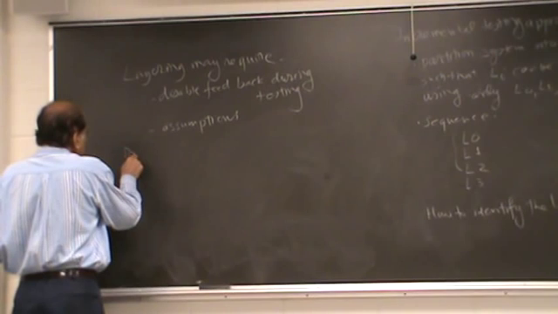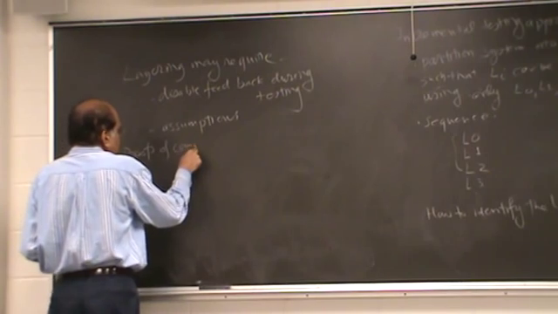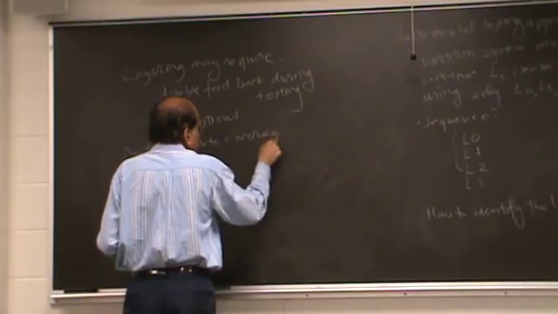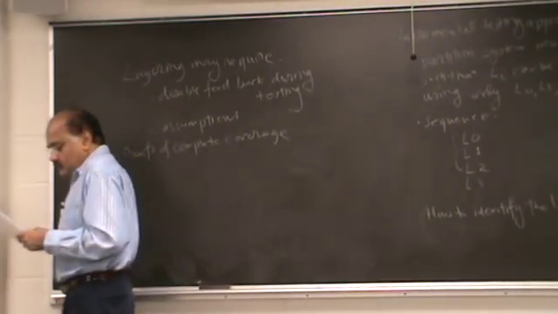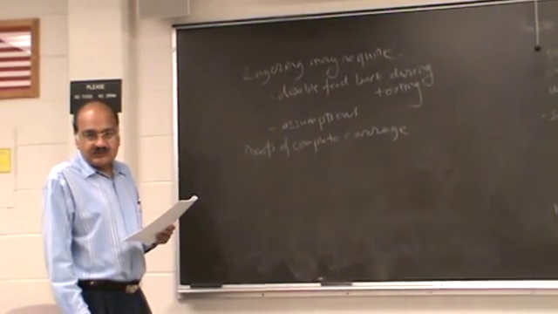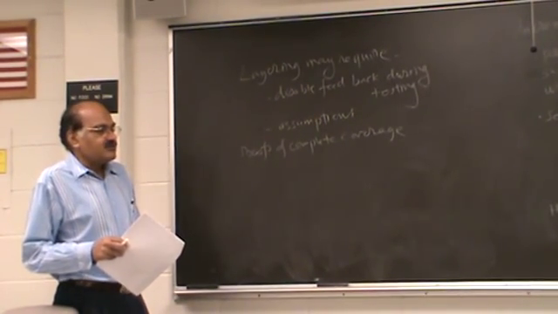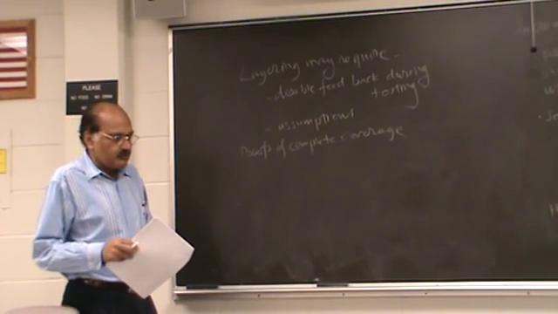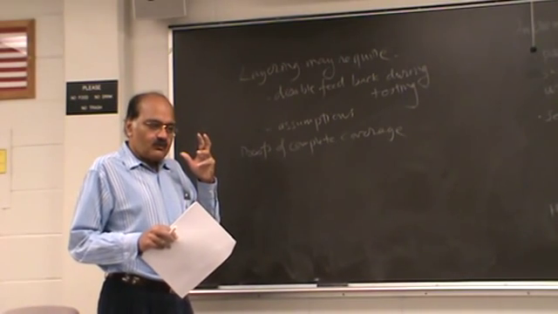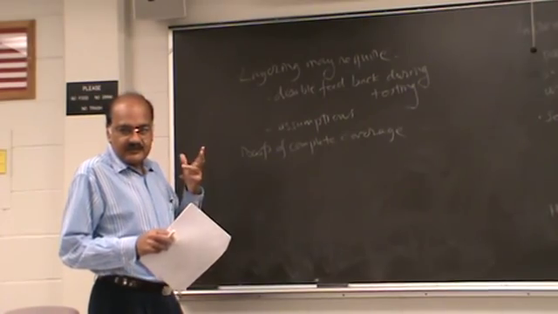Now you can construct proofs of complete coverage. When people did some early work on testing microprocessors, they actually constructed proofs that if you come up with a fault model for each component, and here's the fault model for the whole microprocessor, and if you do this, then with the assumptions involved, you will actually obtain a complete coverage.